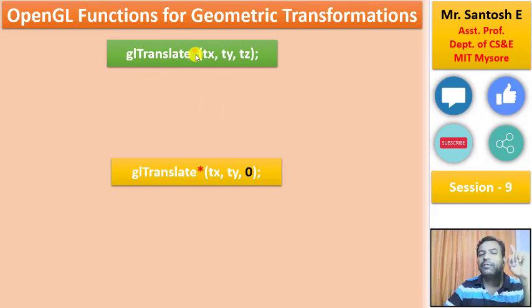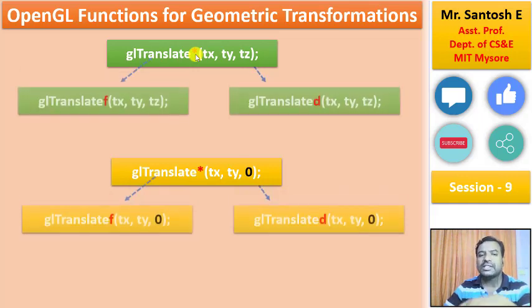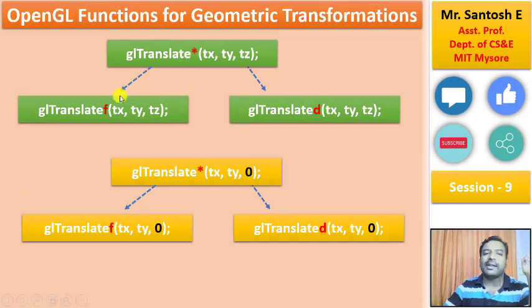It can be of the type float or double. The star can be replaced with f if I am passing floating point parameters, and with d if I am going to pass double type parameters.